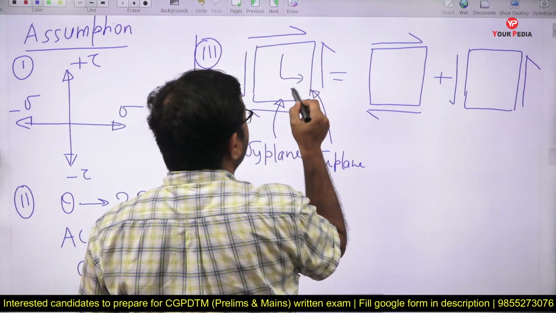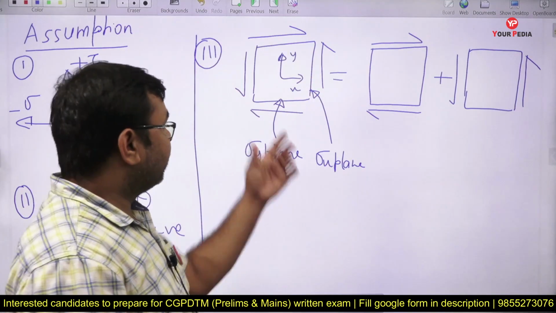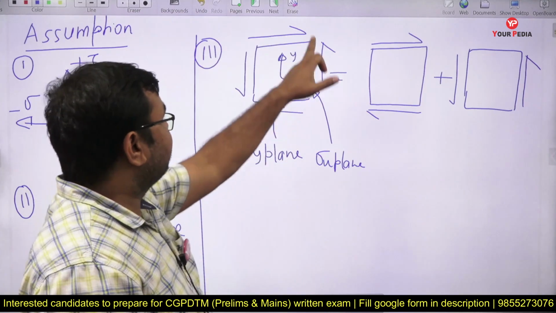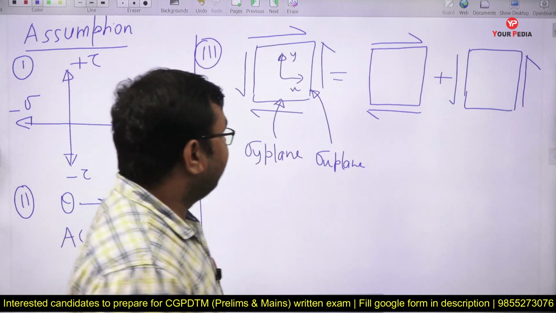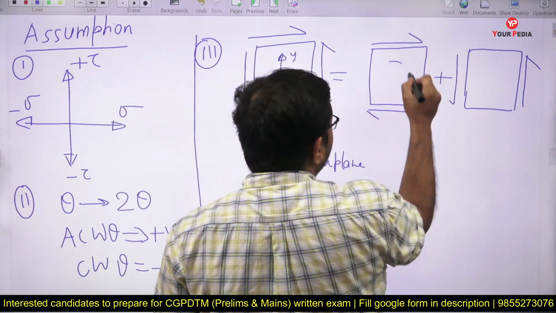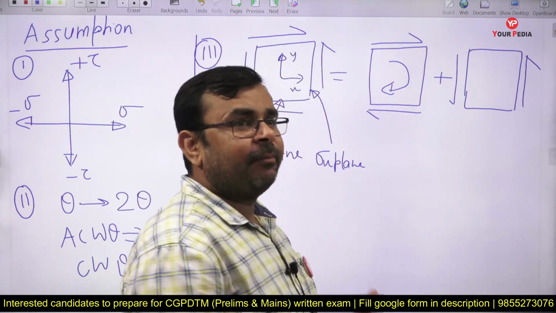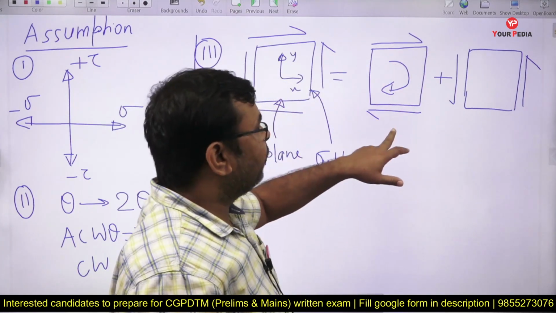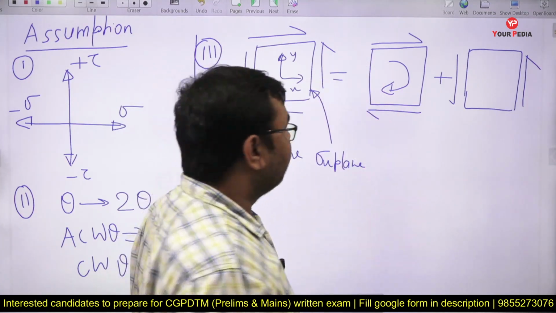Let's say we assume this is the x axis and this is the y axis. With reference to this axis system, this plane will be taken as the sigma x plane, and this plane as the sigma y plane. Now in this system of loading, both shear stresses produce a clockwise couple, trying to rotate this element in the clockwise direction.